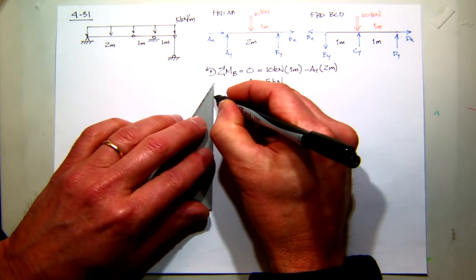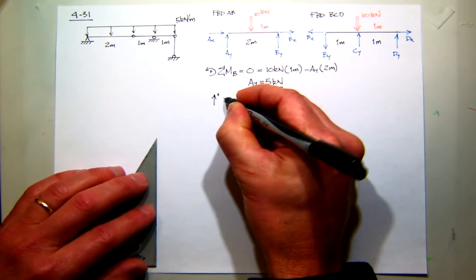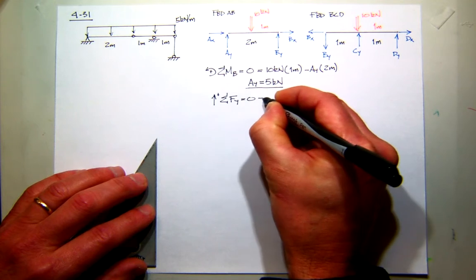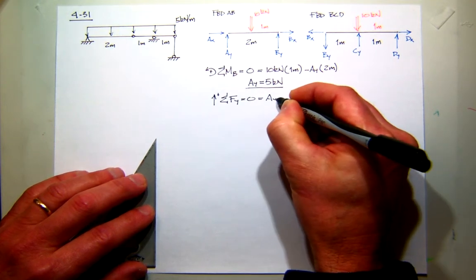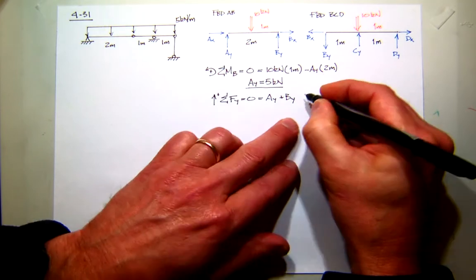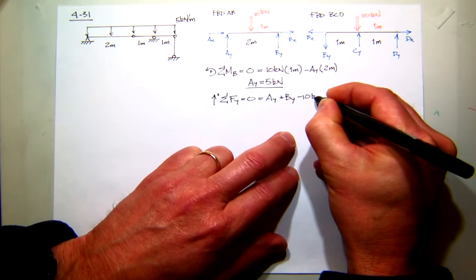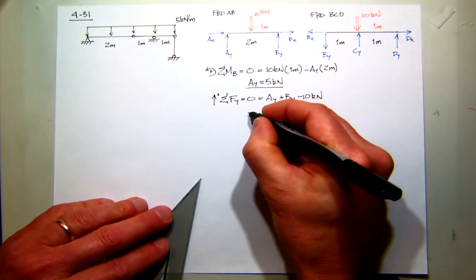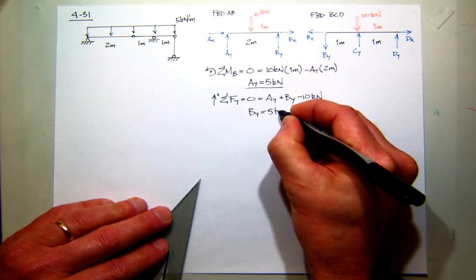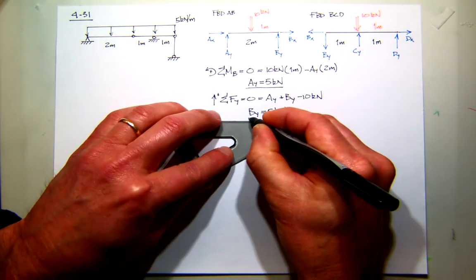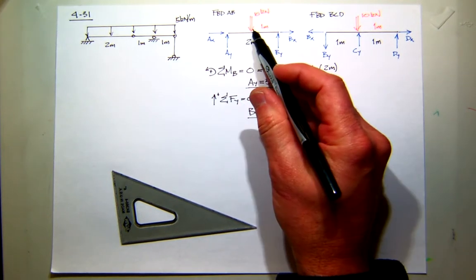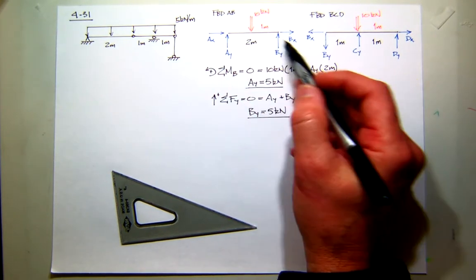And then if you sum forces in the y direction, you have Ay acting up, By is up, and then my 10 kilonewton force is down. And again, it shouldn't be a big surprise that By is also 5 kilonewtons. If you look at this section, it's really just two forces. The load's right in the middle. It takes half on each side.